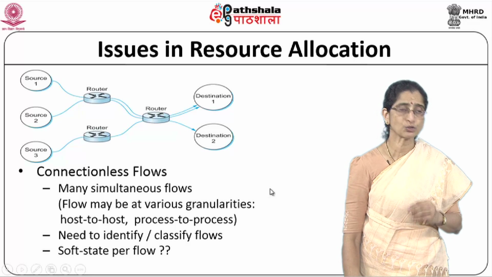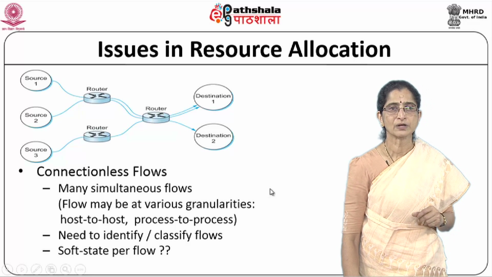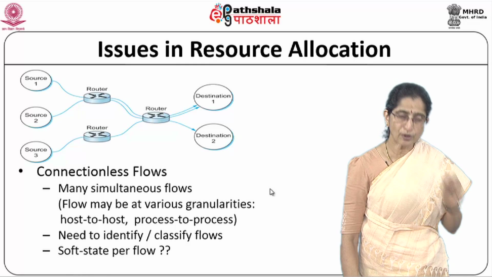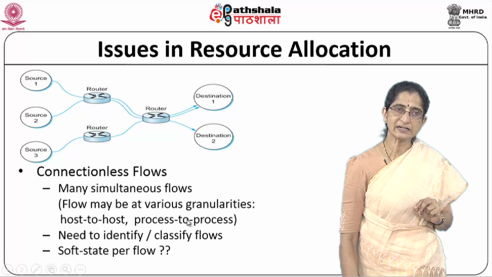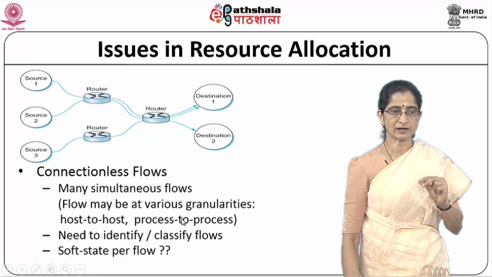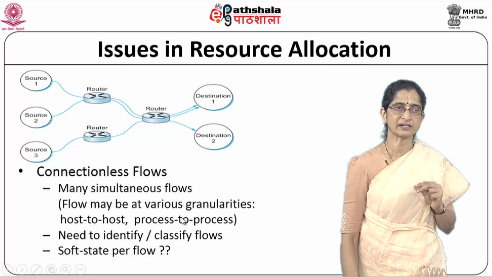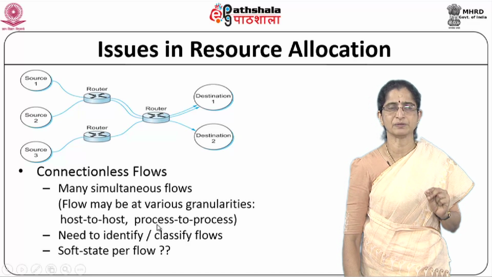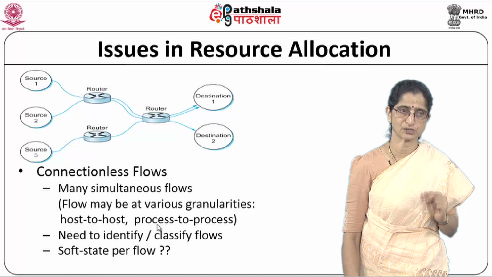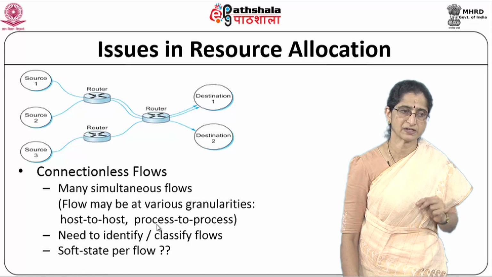You could say host to host can be considered a flow, or packets going from a particular process to another process can be considered a flow, and so on. If you can identify packets as belonging to flows, the advantage is that if you have taken a decision for one of the packets, you can use the same decision for the rest of the packets, and you can make the processing faster.